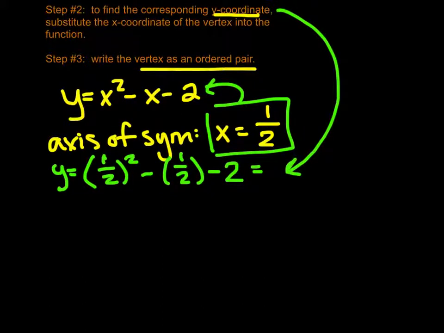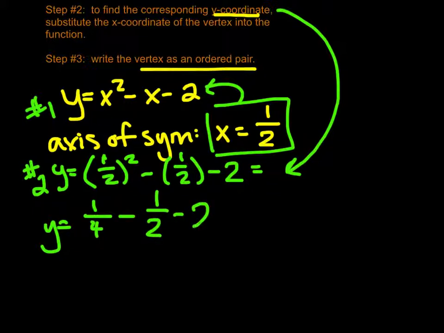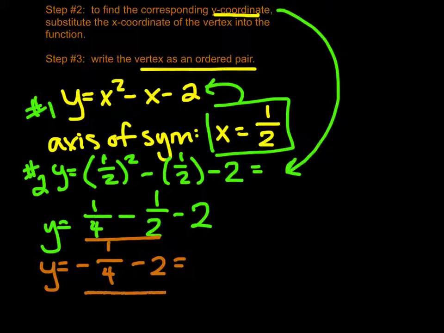This was step 1. So 1/2 squared is equal to 1/4. We're squaring the 1, which is 1, and the 2, which is 4, minus 1/2 minus 2. And now 1/4 minus 1/2 is negative 1/4, minus 2. So we now have negative 2 and a quarter for our y.